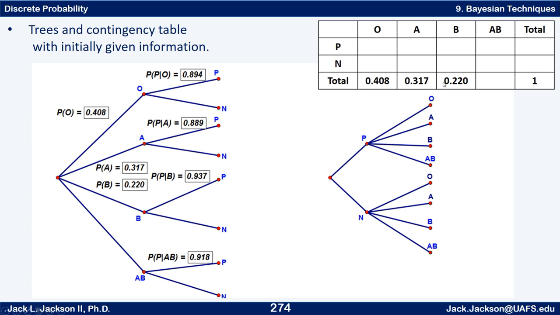These three probabilities show up in the tree on the left, where we do O, A, B, and AB first, and then positive and negative second. But we also have a tree over here where we do positive and negative first, and then O, A, B, and AB second. So these three probabilities we know, and these three we know. These four we know. Okay, so these four conditional probabilities.